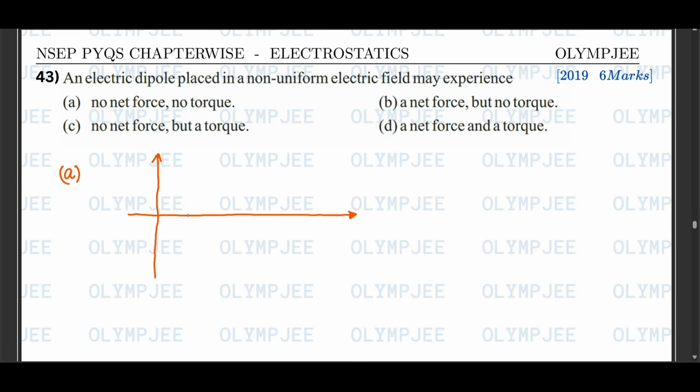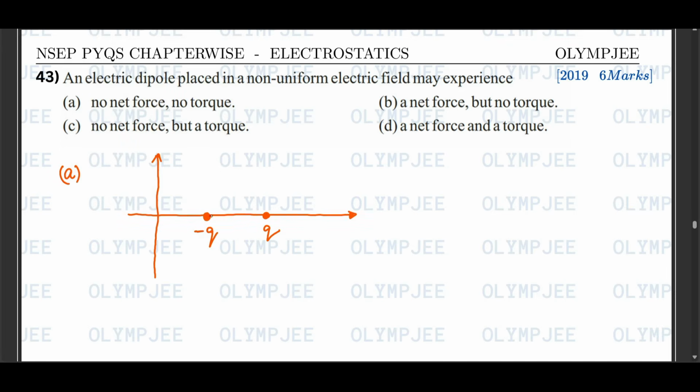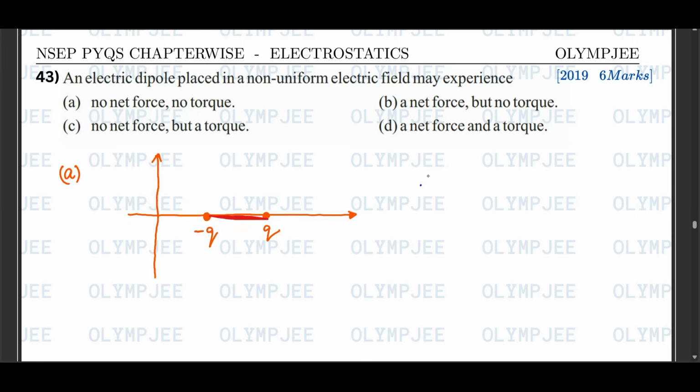So something similar will be happening here. Let's see. Assume that this is the dipole and it is placed in the direction of i cap. And assume that the field is non-uniform and it is varying with the y coordinate as y square plus 1. I have taken a random non-uniform electric field.